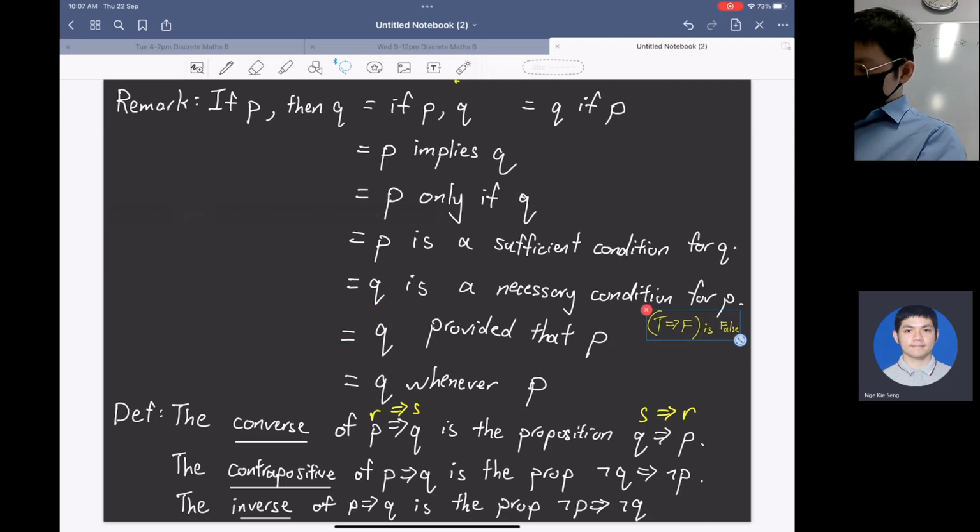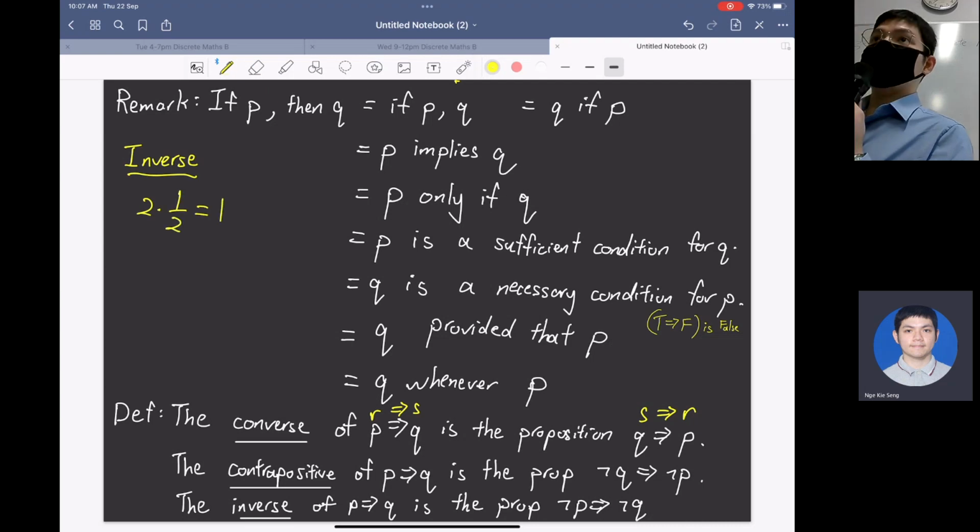Actually, you have some concept of inverse from when you learned fractions. For example, 2 times half is 1. So half is actually called the inverse of 2.